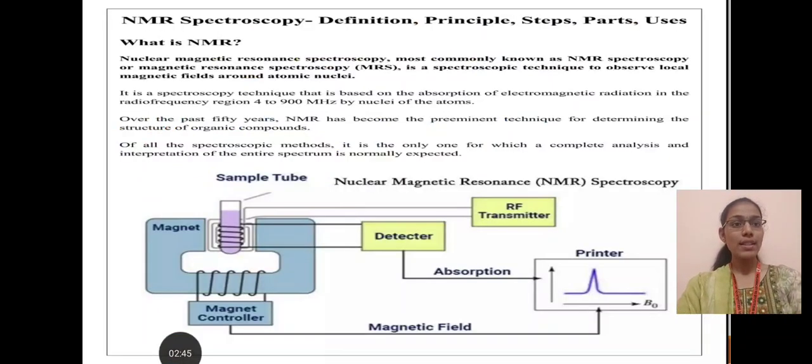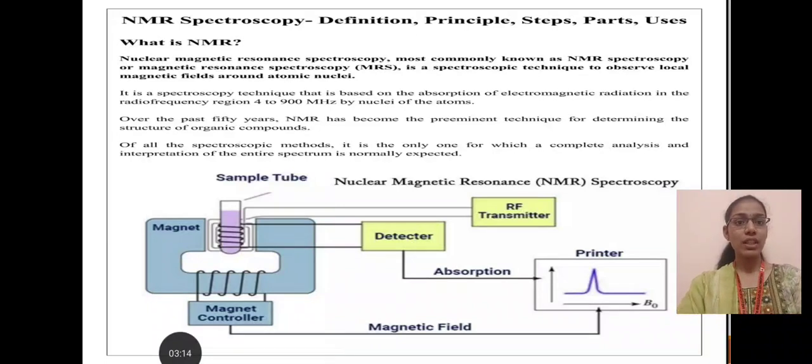Next, what is NMR? Nuclear magnetic resonance spectroscopy, most commonly known as NMR spectroscopy or magnetic resonance spectroscopy, MRS, is a spectroscopic technique to observe inherent local magnetic fields around atomic nuclei. It is a technique based on the absorption of electromagnetic radiation in the radio frequency region by nuclei of the atoms.